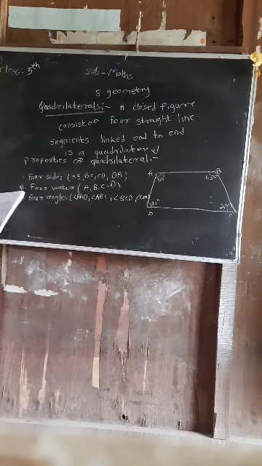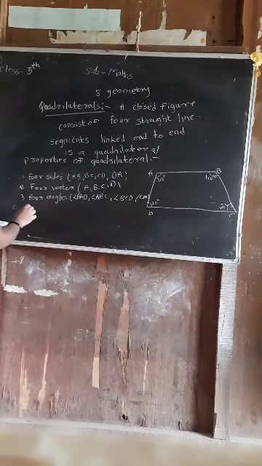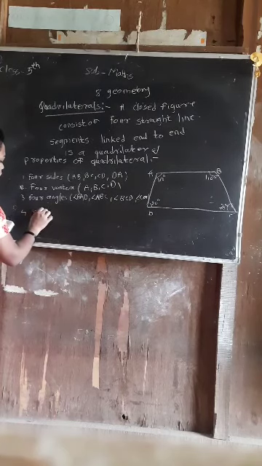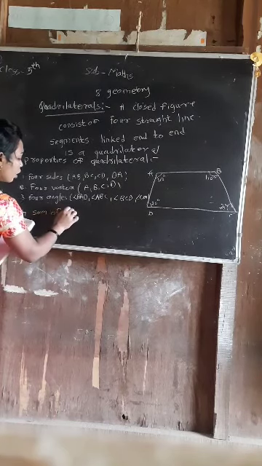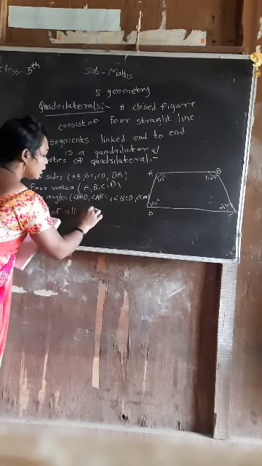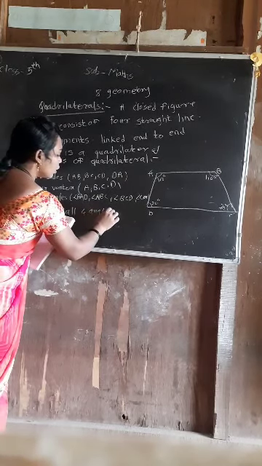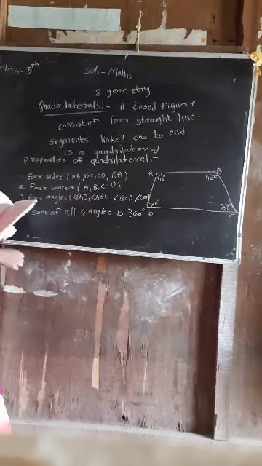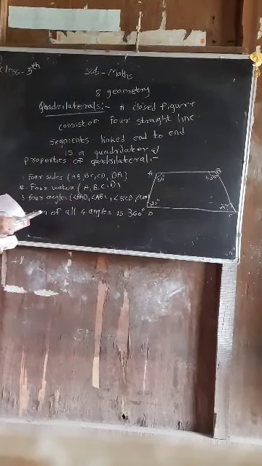Fourth property is the sum of all four angles is 360 degrees.